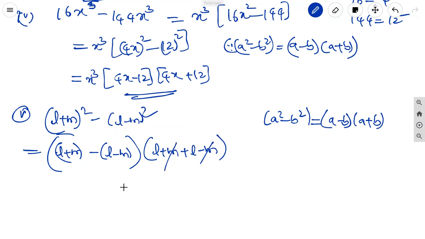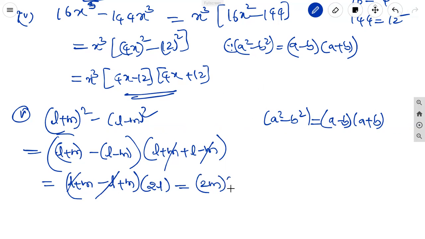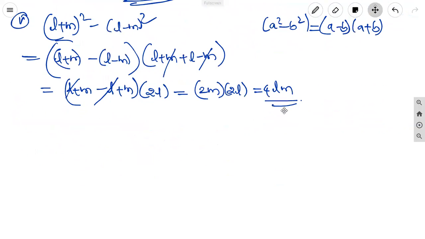Minus m plus m cancel. It is equal to L plus m minus L, minus into minus plus m, into L plus L is 2L. L minus L cancel, m plus m is 2m, into 2L. 2 into 2 is 4, so 4Lm is the factor.